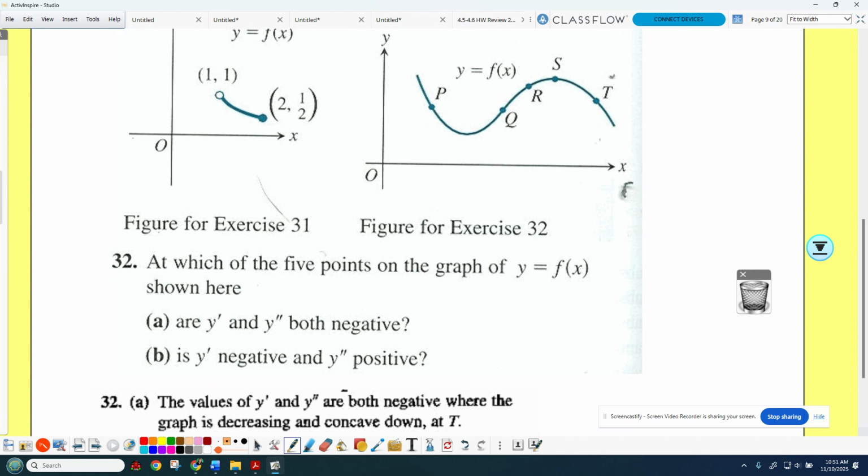It's where the happy face turns into a frowny face, which is close to Q. So where it stops being concave up and starts being concave down would be the inflection point. Versus if it's f prime, it's where the slope of the first derivative changes sign.